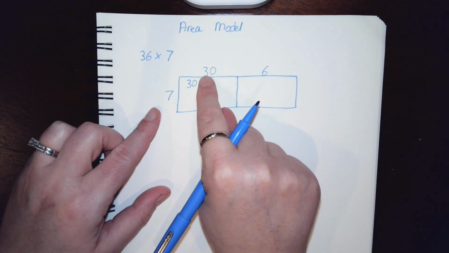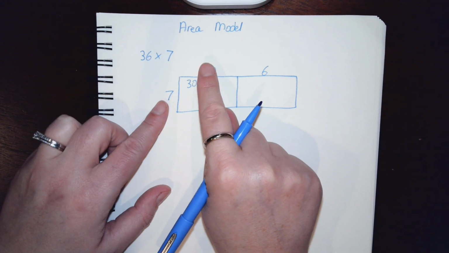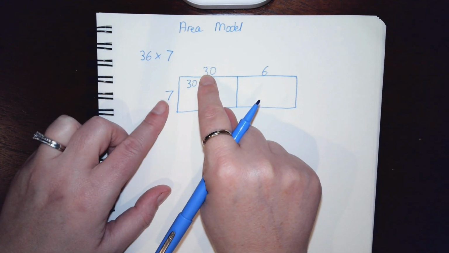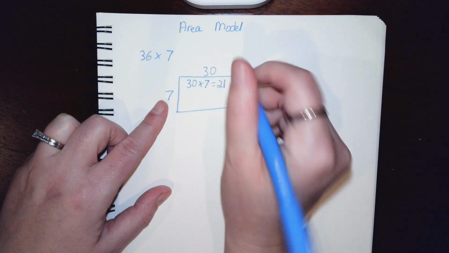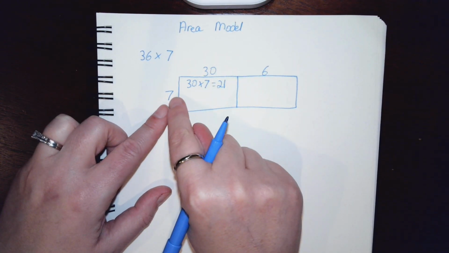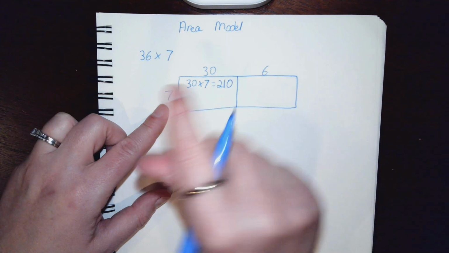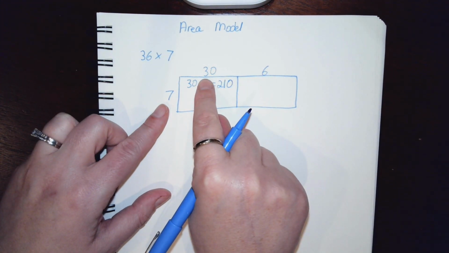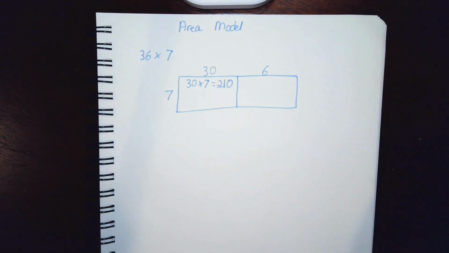So here I have 30, or 3 tens times 7. So we know that 3 times 7 is 21. So 3 tens times 7 gives me 21 tens. So to show that I have tens, I have to put that 0 in there because 7 times 3 is the 21 by multiplying by 10, so I have 21 tens. Okay?